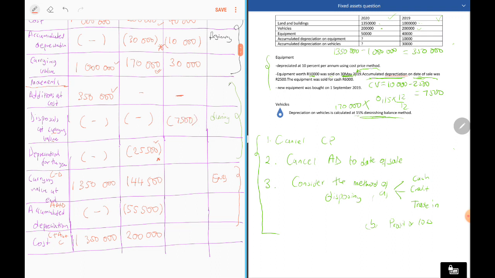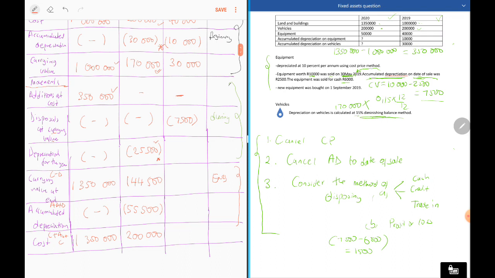Disposal at carrying value, right? And please note, the carrying value of the equipment is 7,500, but we sold it for 6,000. Therefore, we made a loss because we sold it for less than what it is worth. We made a loss of how much? 1,500, right? That's the loss we made. That's what we'll record under the asset disposal section.